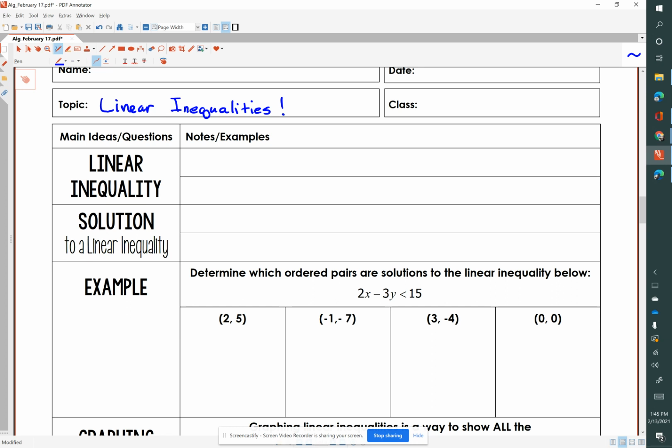It is similar to a linear equation, but it uses the inequality symbol.